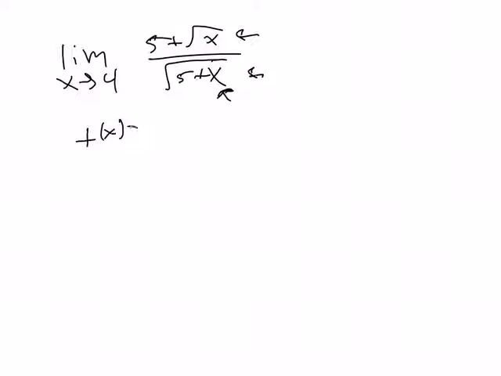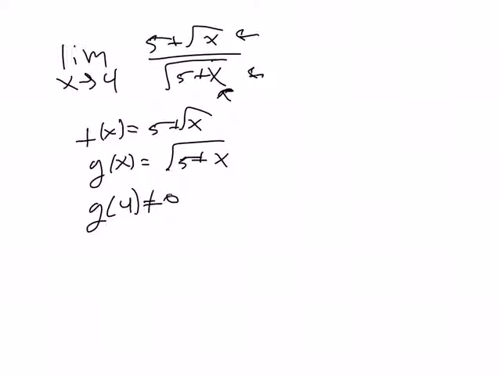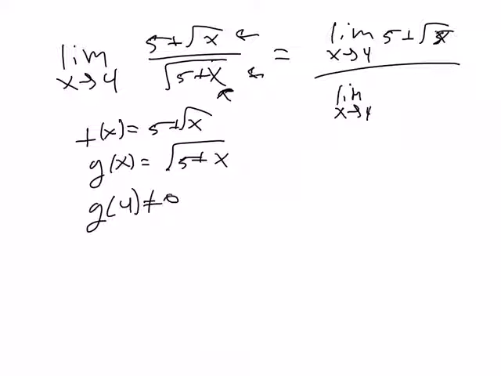We take f of x to equal 5 plus the square root of x, and g of x is equal to the square root of 5 plus x, and because g of 4 does not equal 0, we can basically say that this limit is equal to the limit of 5 plus the square root of x for x going to 4 over the limit as x goes to 4 of the square root of 5 plus x.